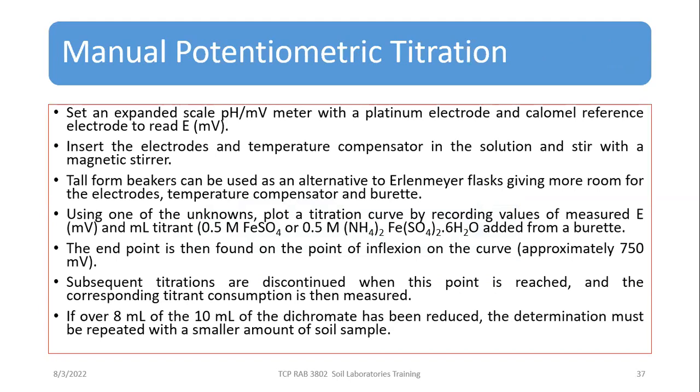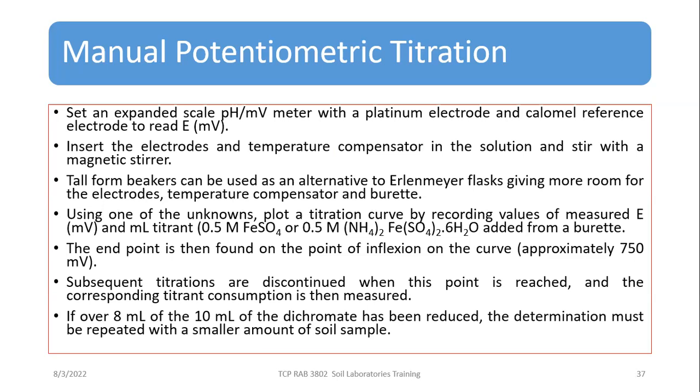In case of using manual potentiometric titration, you can set up an expanded scale pH meter or microvoltage meter with a platinum electrode and calomel reference electrode to read electricity in microvolts.